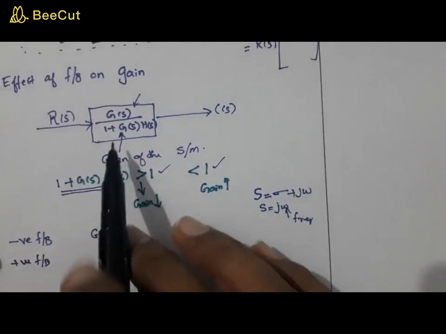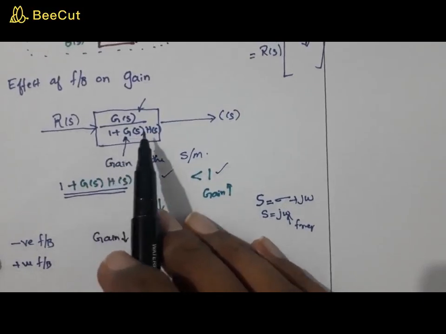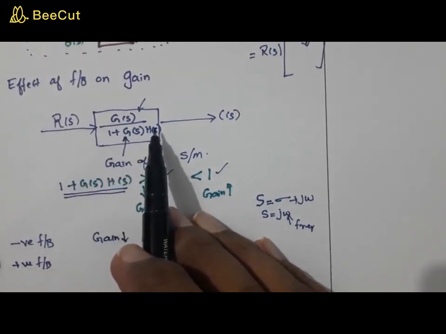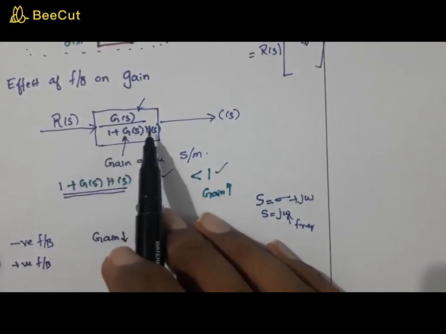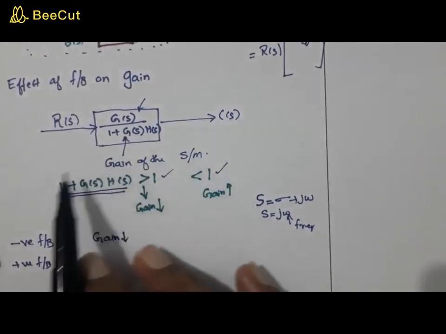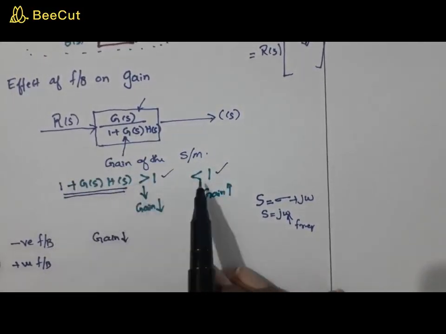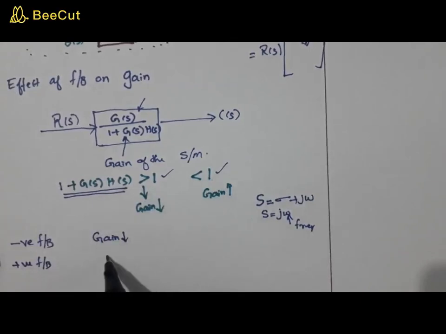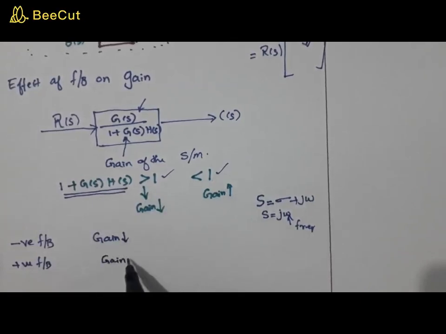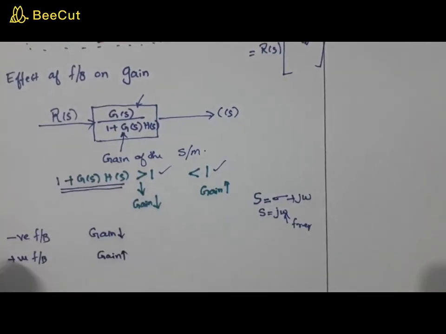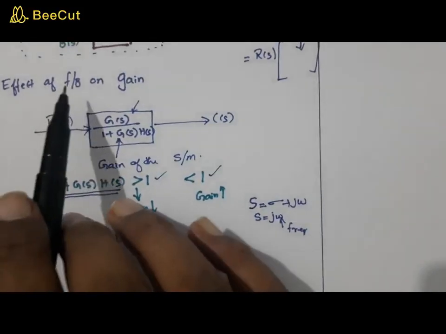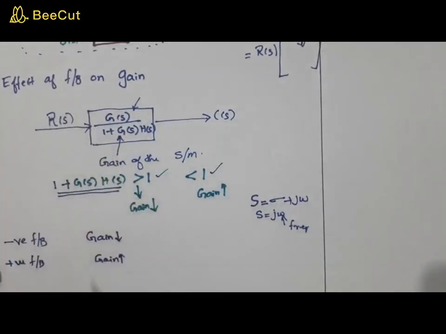Now in a positive feedback system, this becomes 1 minus G of S H of S. So what's the impact? That denominator will become less than 1, which increases the gain. Hope you understood the difference between these two feedbacks. So these are the two effects that feedback can have on the gain of a system.